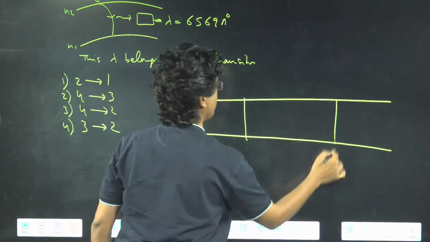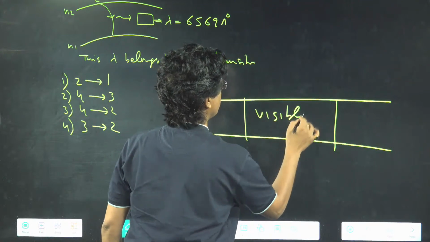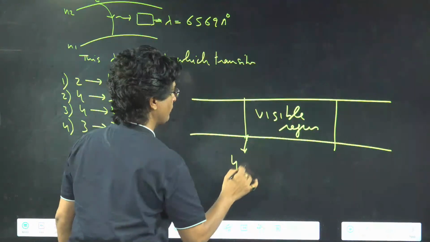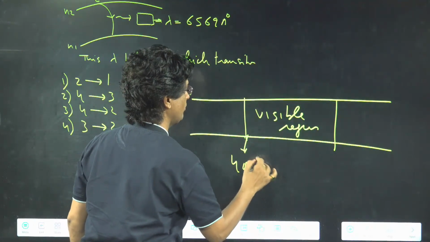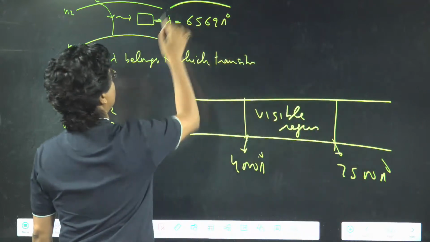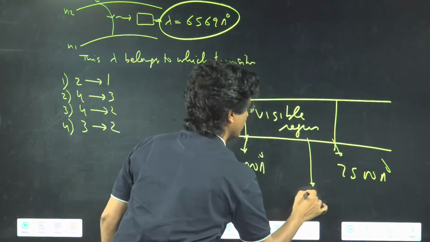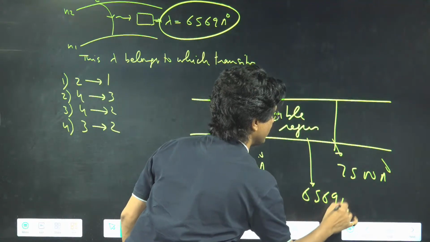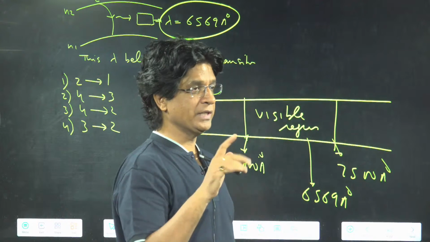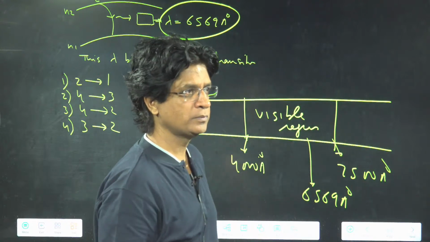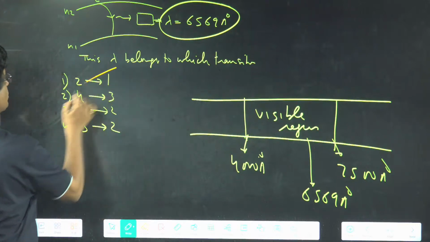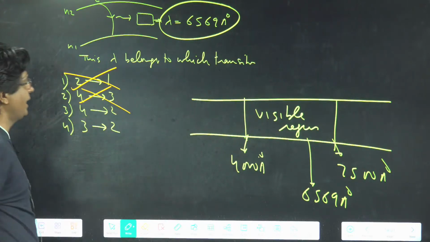If this is the visible region, it should be between 4000 angstrom to 7500 angstrom. This wavelength, 6569 angstrom, lies in the visible region, yes or no? If it lies in the visible region, this cannot be the answer.